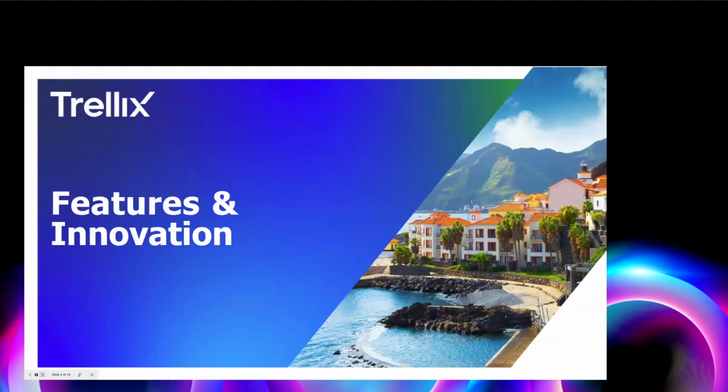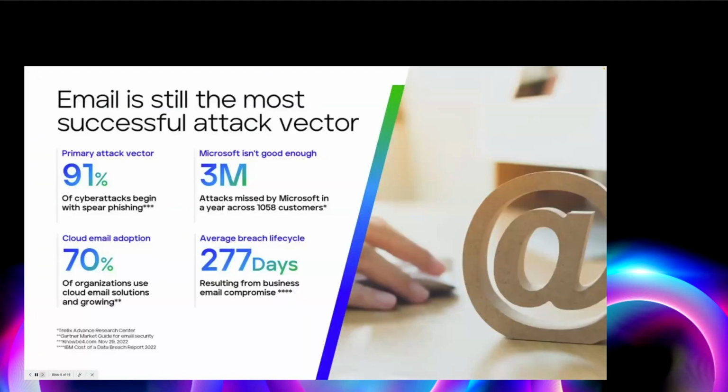So first, we should see what the Trellix email security features and innovations are. From the start, if we look at some statistics for what is the most successful attack vector, it is still, until today, email, which hackers use to make the first contact with the, let's say, victim or company.